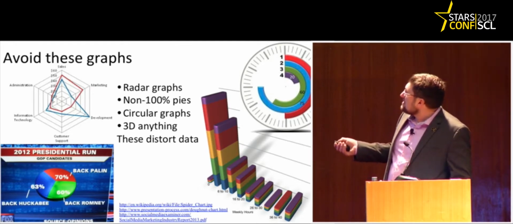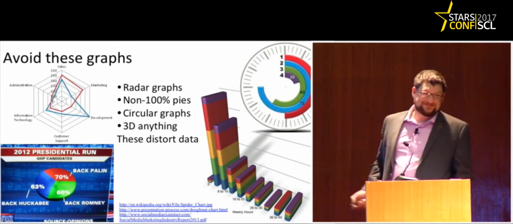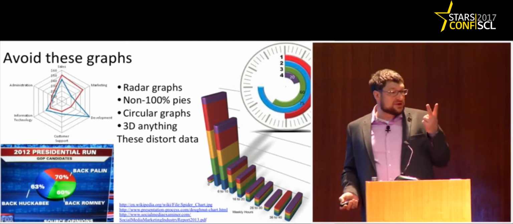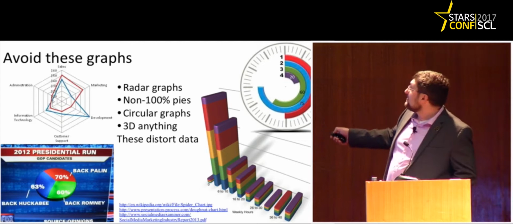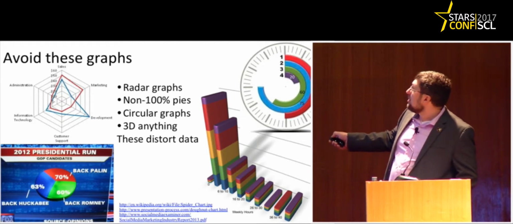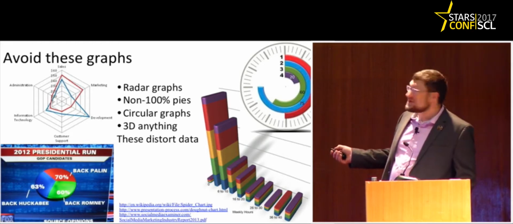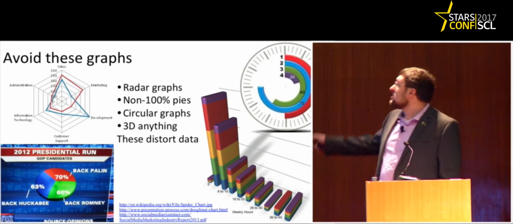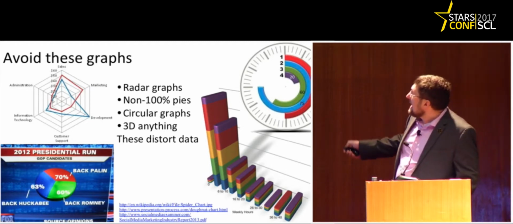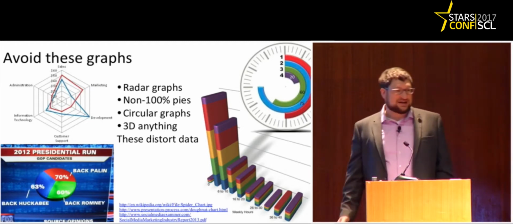People like taking bars and bending them around in a circle. There's 2 ways to interpret that. One way is the length of the bar, this really long red bar, this shorter green bar. Which one's longer? Well, this one says 60 and that one says 50. No, it's not the length of the bar. We're going how far around the circle of the clock.